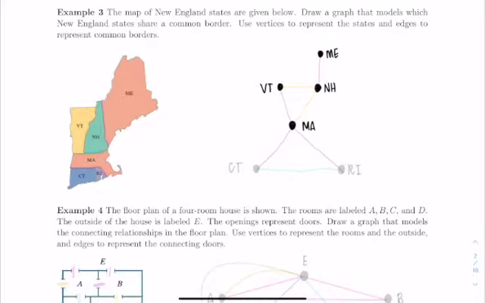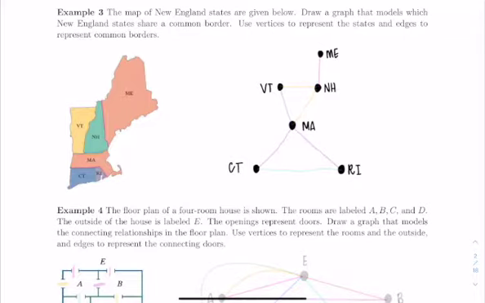And below Massachusetts, I have Connecticut. And I also have Rhode Island. Like I said, your graph may be set up just a little bit differently, but you just need to have the same vertices and edges. That's what's important. So let's go ahead and see where our common borders are.